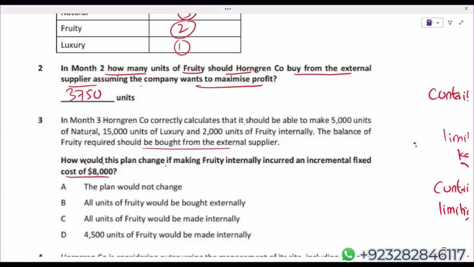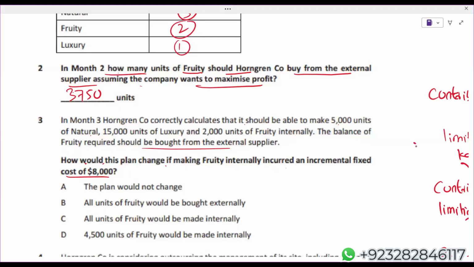Should we simply still be producing 2,000 units internally? The answer is we have to compare. When we will be manufacturing 2,000 units of fruity internally, if that gives us a saving of more than 8,000, then the plan will not change. But if the saving of making 2,000 fruity internally is less than 8,000, then the plan will change.